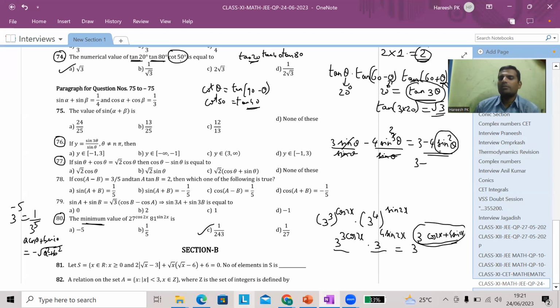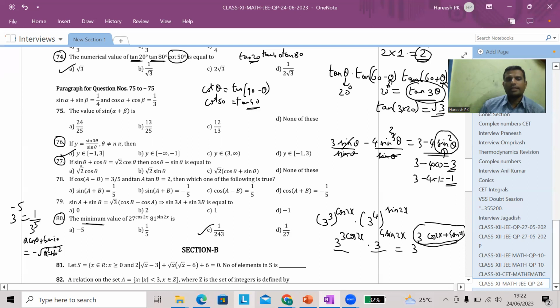So the minimum value of this is 0 and the maximum value of this is 1. So 3 minus 4 into 0 gives 3, and when we put the maximum value for sine square, we get minus 1. So the range is between minus 1 and 3, which is option A. Okay.